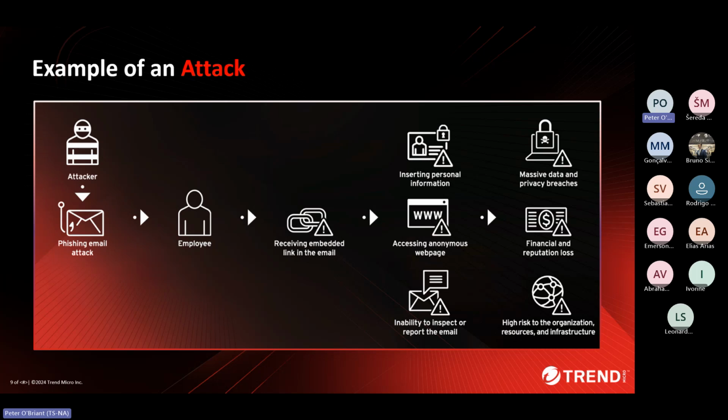I said they're using AI now to make it more convincing, and they're usually carried out in several stages. Once they have a successful attack, they can start compromising other devices and systems, and also do ransomware, encrypt it, and get payments.